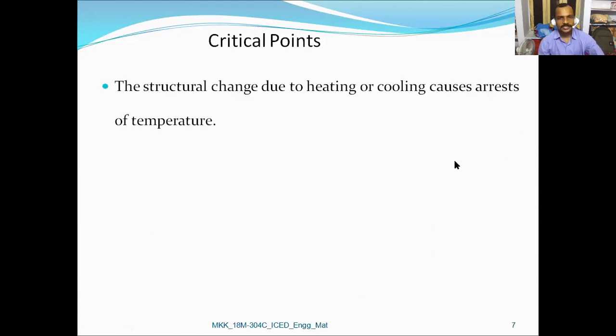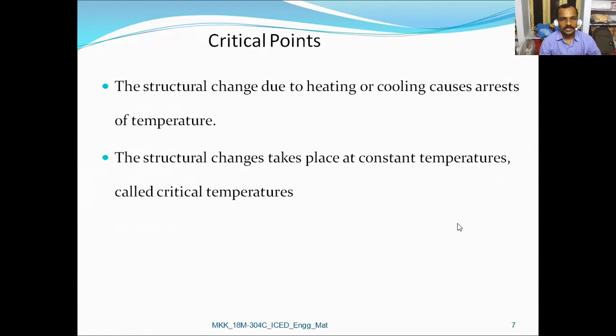The structural change due to heating or cooling causes an arrest of temperature. The structural changes take place commonly at constant temperatures called critical temperatures. The temperatures at which these structural changes take place are known as critical temperatures.